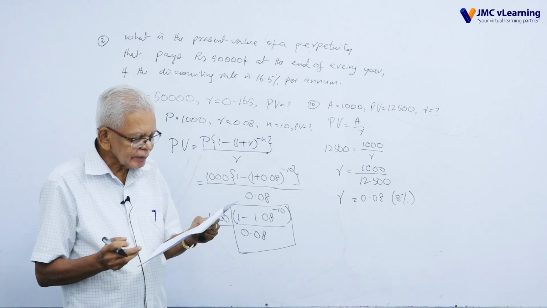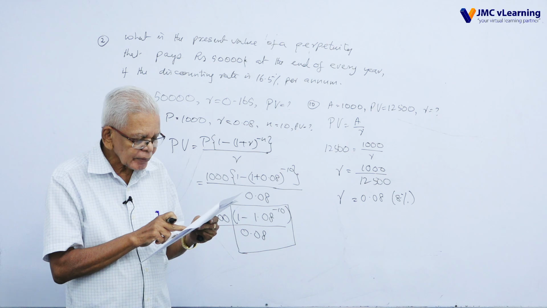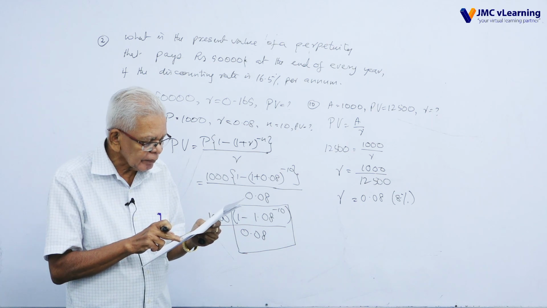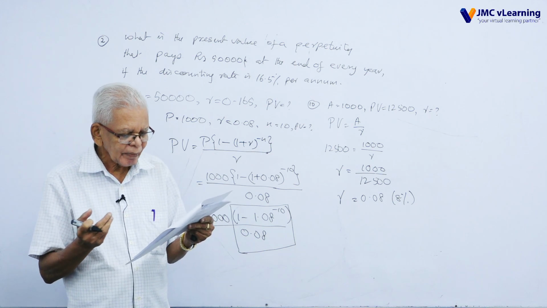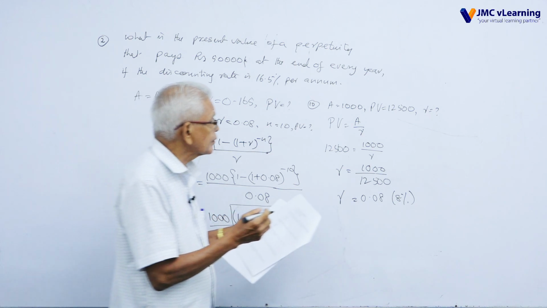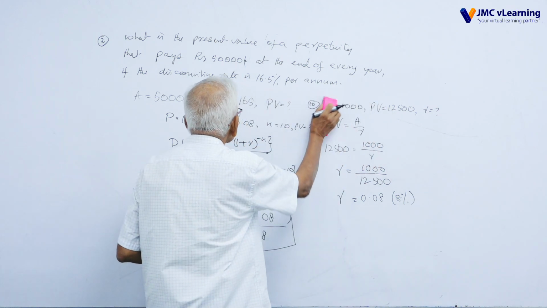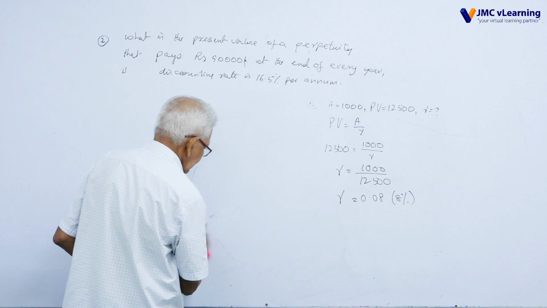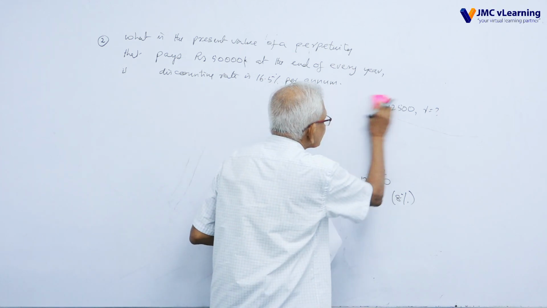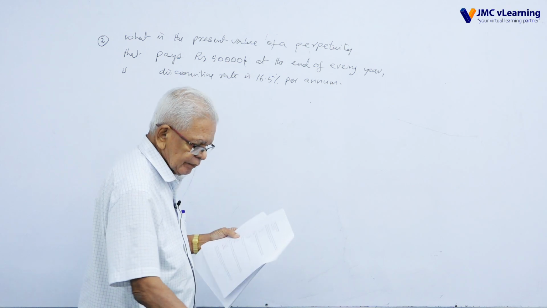What is the present value of rupees 50,000 to be received after 5 years from now, if you expect a return of 10%? This is a very easy question. Somebody is due to get 50,000 rupees in 5 years' time.